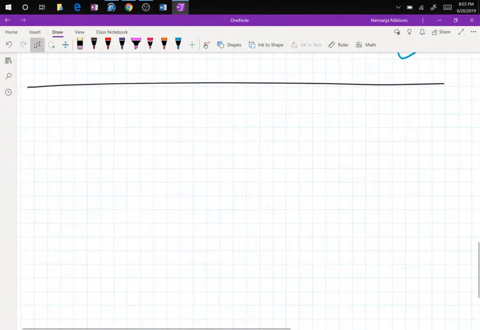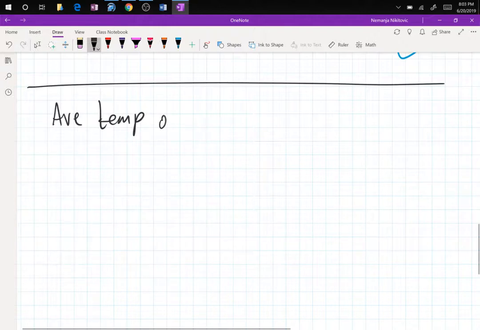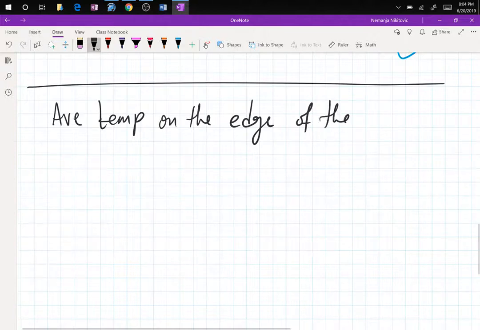The cool example over here. Figure out the average temperature on the edge of the unit disk. Hey, our C is again a unit circle, so it's lame again.